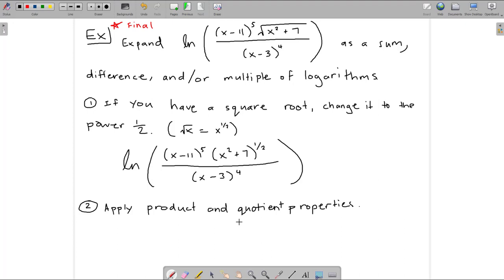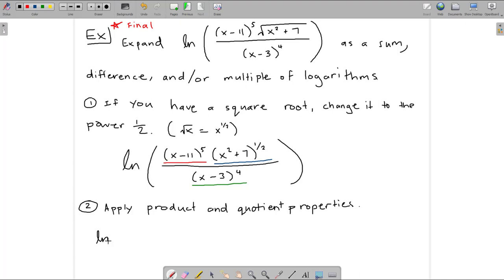We need to be able to identify what we're multiplying and what we're dividing by, separating our terms. So this x minus 11 to the 5th will be one term, this x squared plus 7 to the 1/2 will be a different term, and this denominator here, x minus 3 to the 4th, will be our last term. So we can go ahead and do that.